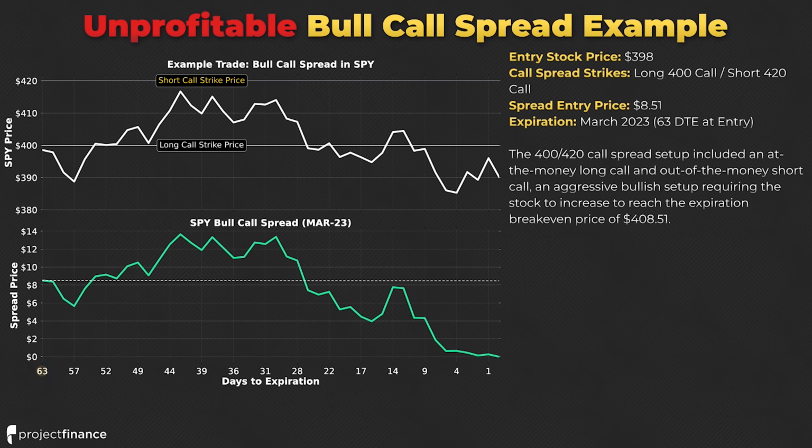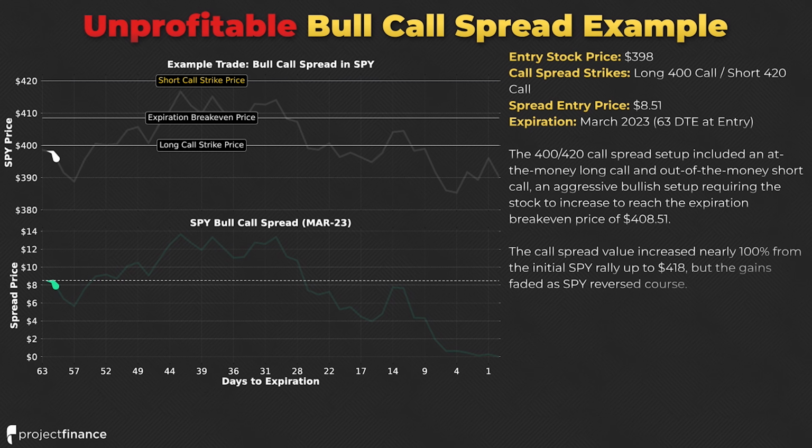This gives the trade a more aggressive bullish setup, requiring the stock price to increase to reach the expiration break-even price of 408.51. That's coming from the lower call strike, which is 400, and we add the spread entry price of $8.51 to get the expiration break-even price of 408.51.